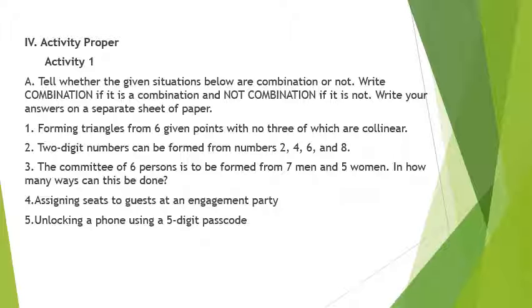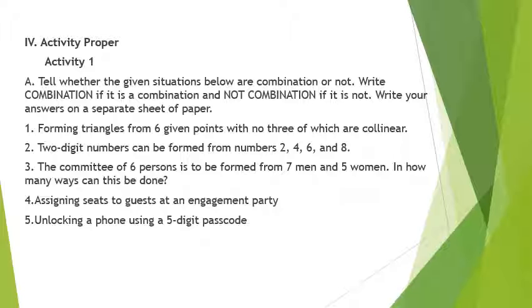Number 2, two-digit numbers that can be formed from the numbers 2, 4, 6, and 8. Number 3, a committee of 6 persons is to be formed from 7 men and 5 women. In how many ways can this be done? Number 4, assigning seats to guests at an engagement party. Number 5, unlocking a phone using a 5-digit passcode.